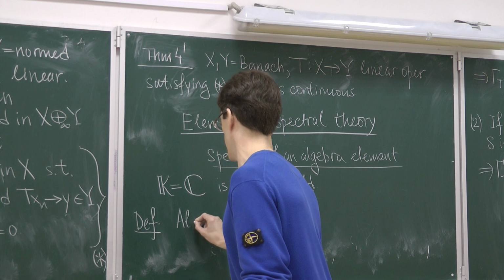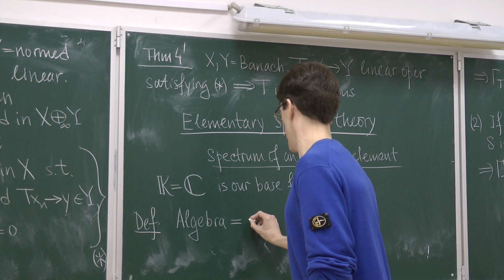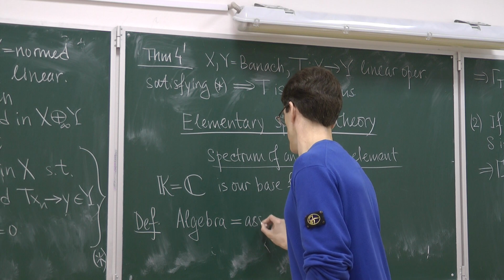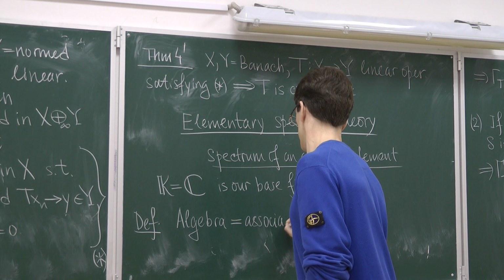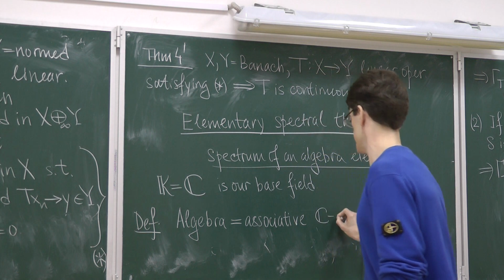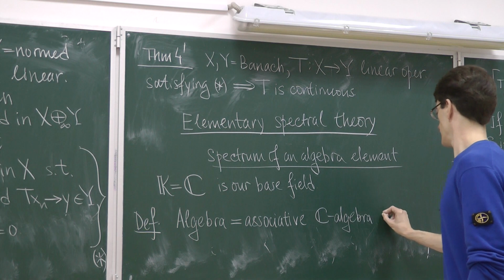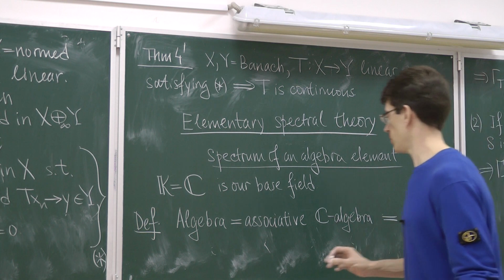By an algebra, I always mean an associative algebra over the field of complex numbers. So what is this?